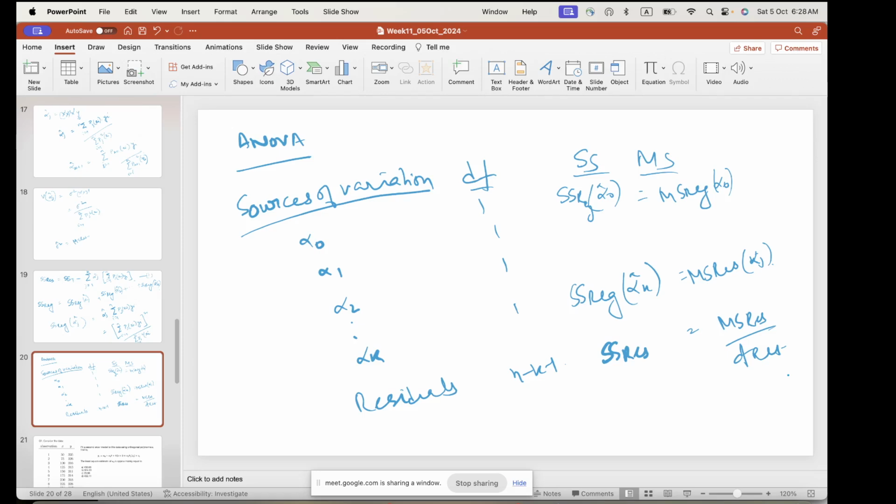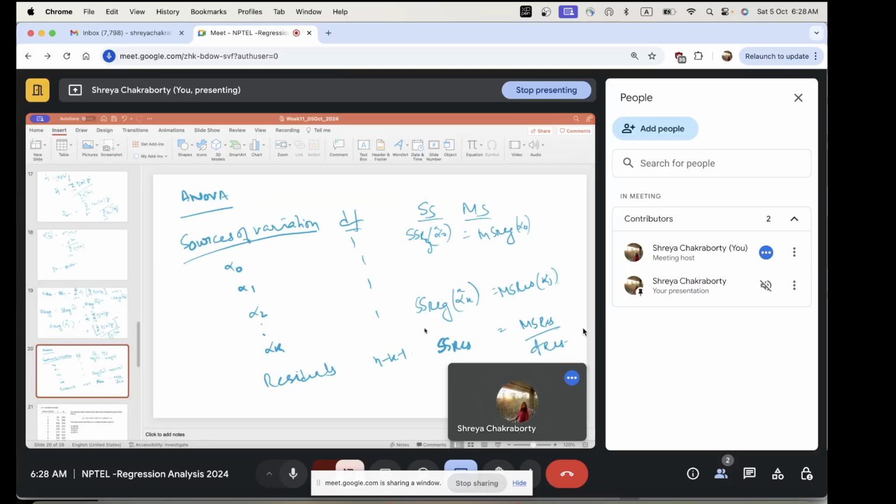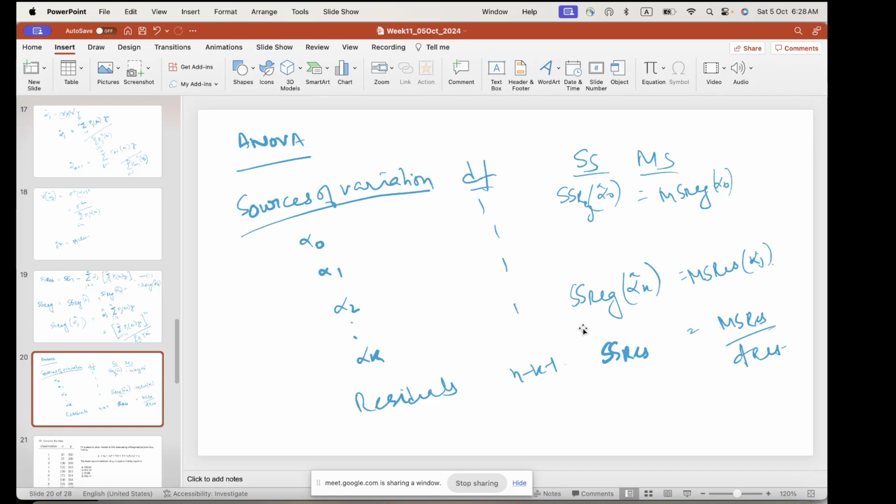We need not recompute X transpose X again and again, so higher order polynomials can be fitted very easily. And whenever we go for forward selection, what are we doing? We are testing every time which model will be a good fit, proceeding sequentially: starting with k equal to 2, then k equal to 3, k equal to 4.